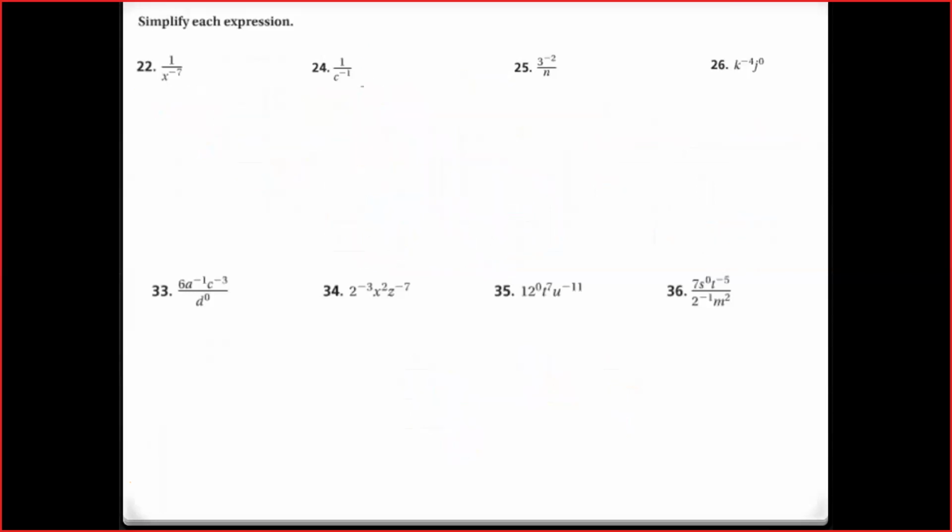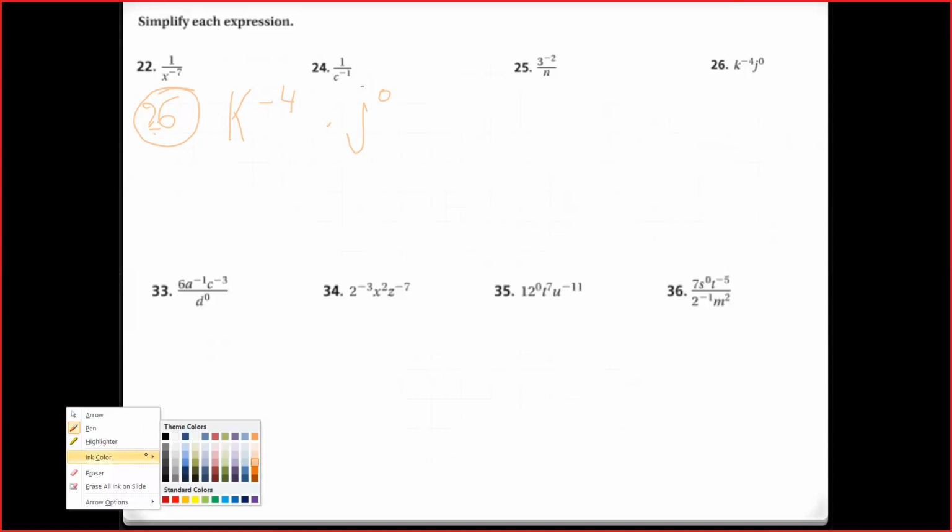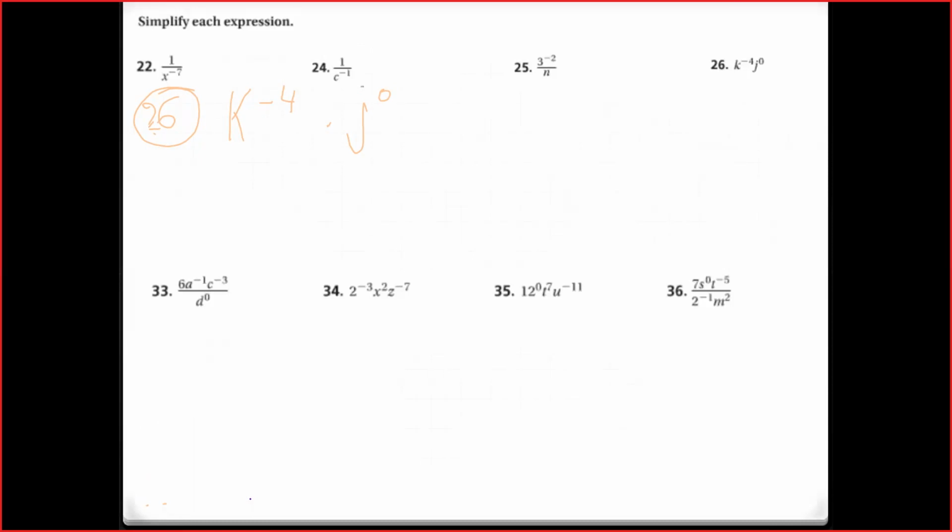Now number 26. Here we have k to the power negative 4 multiplied by j to the power 0. Now, as I said before, j to the power 0, any non-zero number raised to 0 is what? 1.